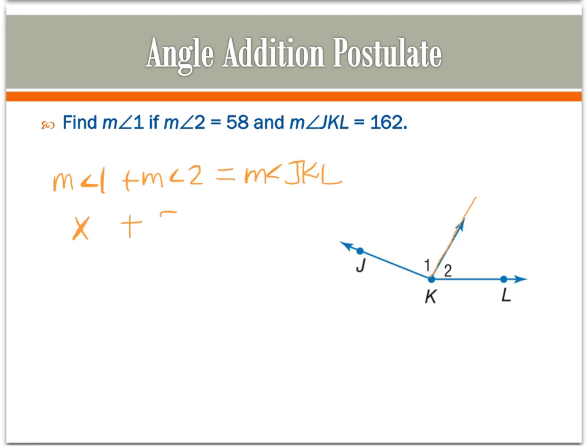The measurement of angle 2 is 58, and the measurement of JKL is 162 degrees. So therefore, we can determine that the measurement of angle 1 is 104 degrees, because the measurement of angle 1 plus the measurement of angle 2 is equal to the measurement of JKL. That's using the angle addition postulate.